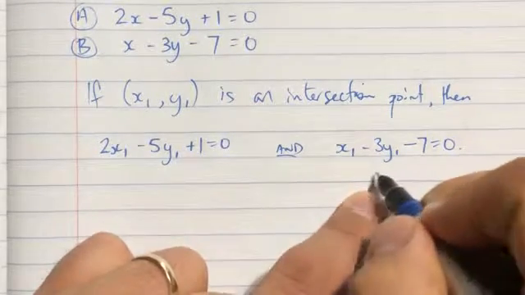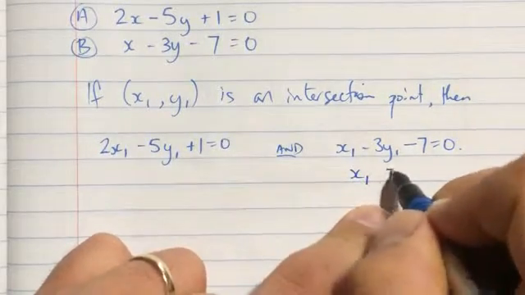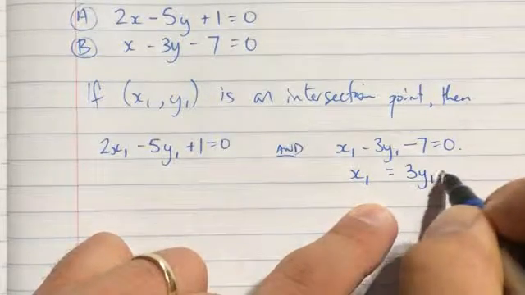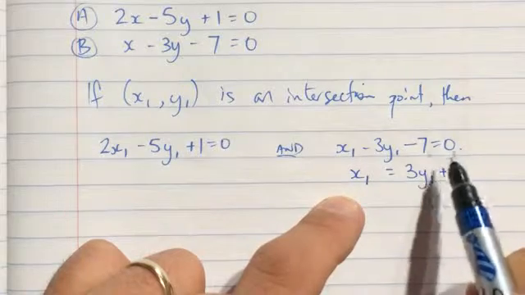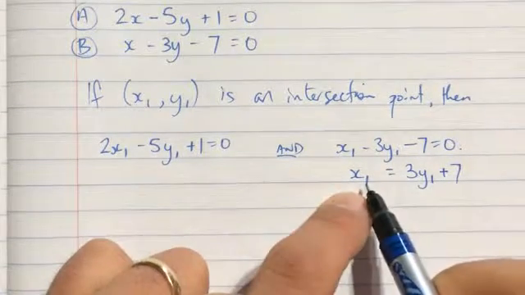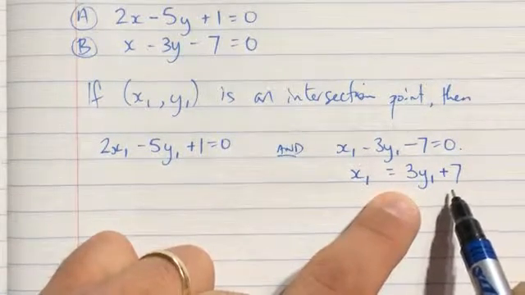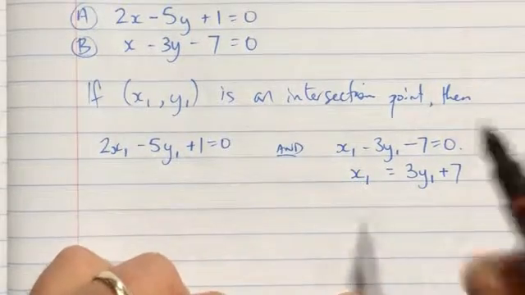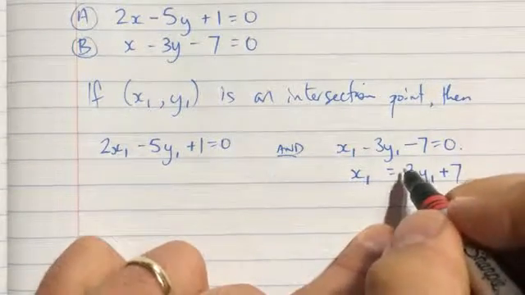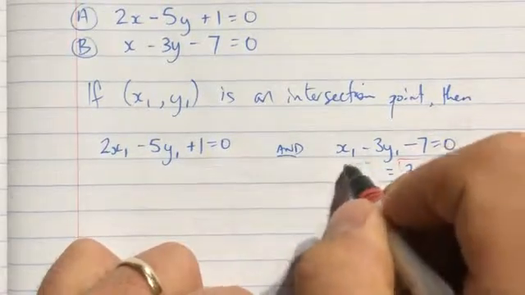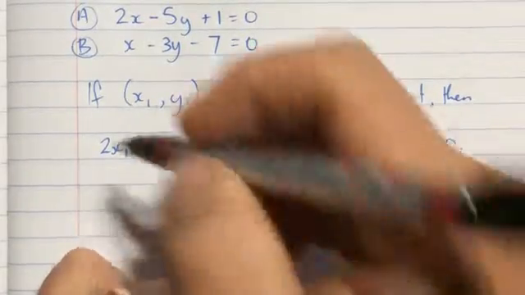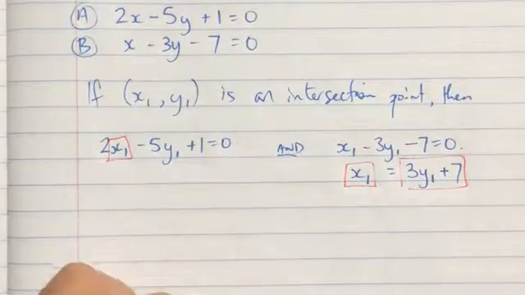So instead, what I'm going to do over here is just isolate x1. So adding 3y1 plus 7 to each side, I get x1 equals 3y1 plus 7. And so now what I have, instead of substituting for y1, in this case I'm going to, just by chance, substitute that in for x1 because they are equal, into this equation.